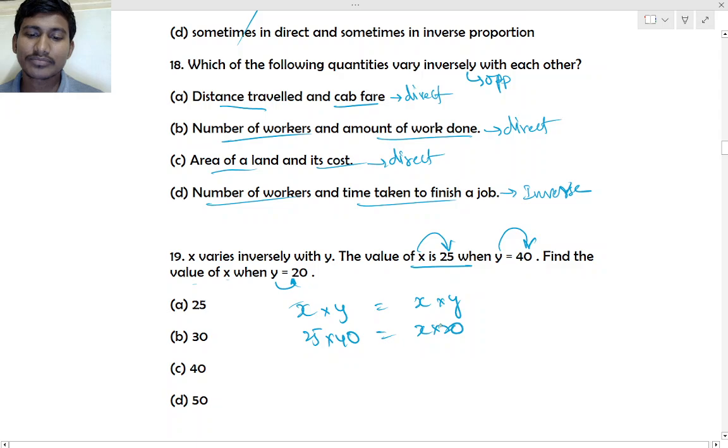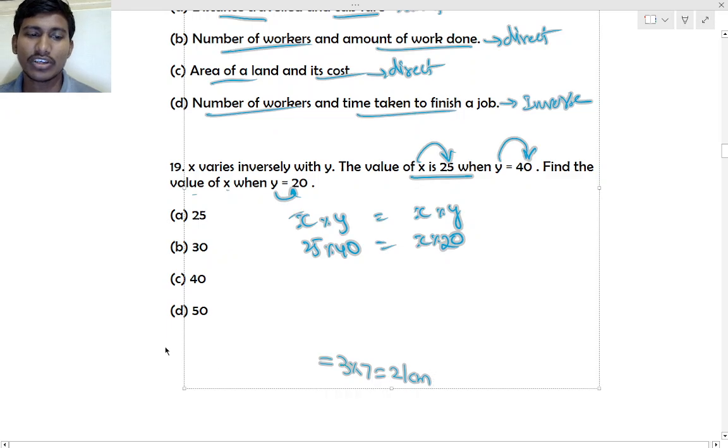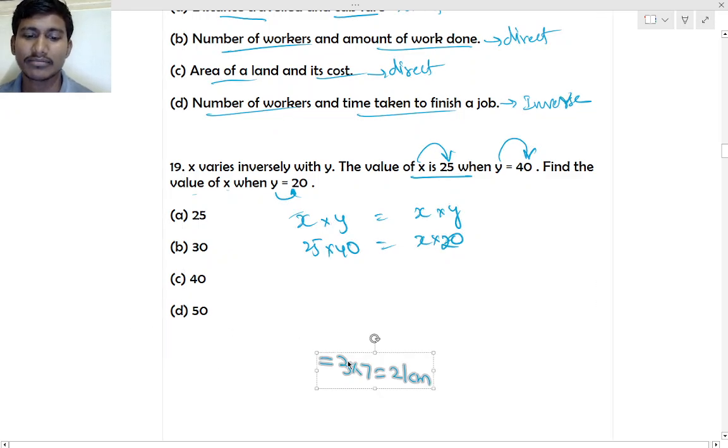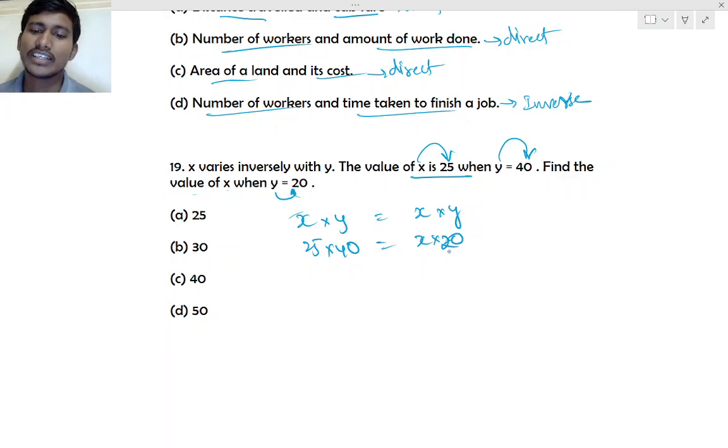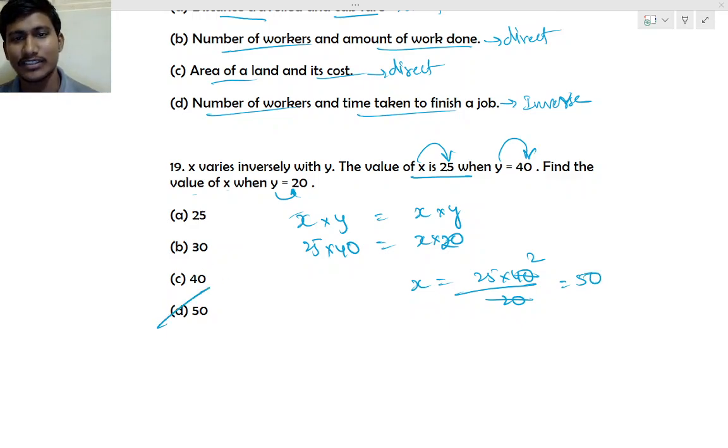So we will send this 20 to the other side and divide. So x is equal to 25 into 40 divided by 20. 20 2s are 40, 25 2s are 50. So 50 is the answer. Understand?